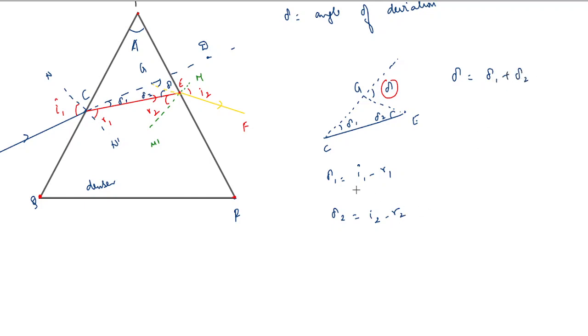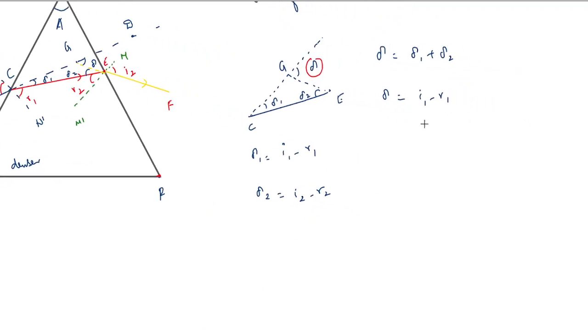Putting the values of delta 1 and delta 2 from here, we get delta is equal to I1 minus R1 plus I2 minus R2. If we bring the terms I1 and I2 together, then we get I1 plus I2 minus R1 plus R2.